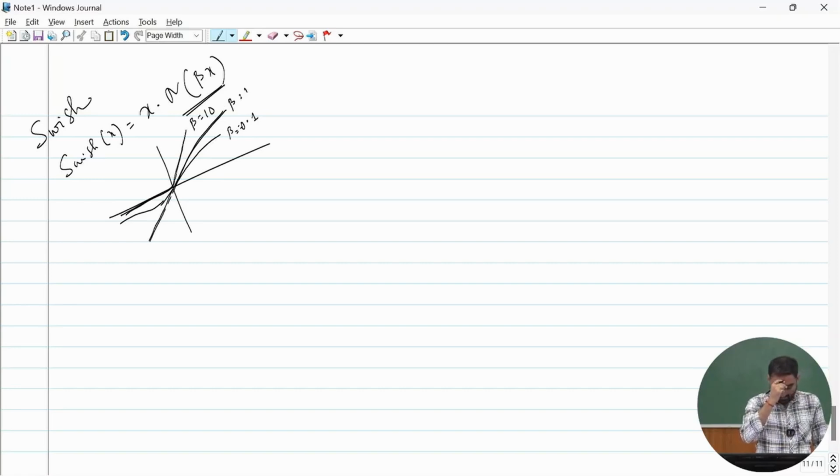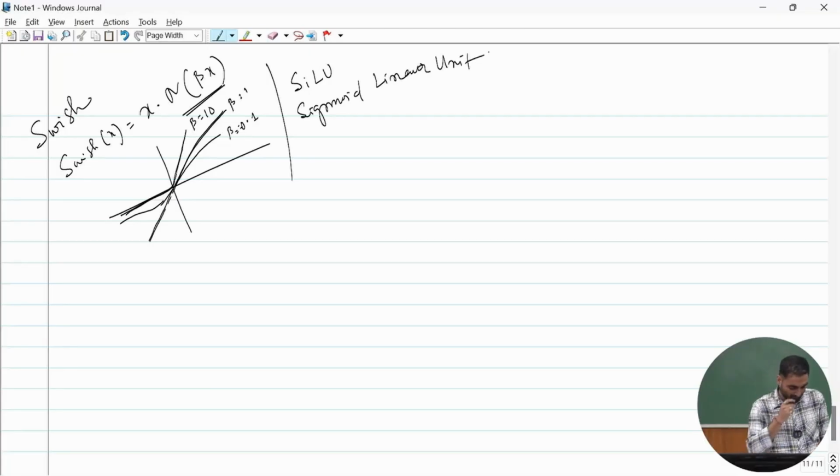And you have things in between. So with the tuning of beta, you can get a linear function, a ReLU function, and so on and so forth. Sometimes this is also called SiLU, sigmoid linear unit.